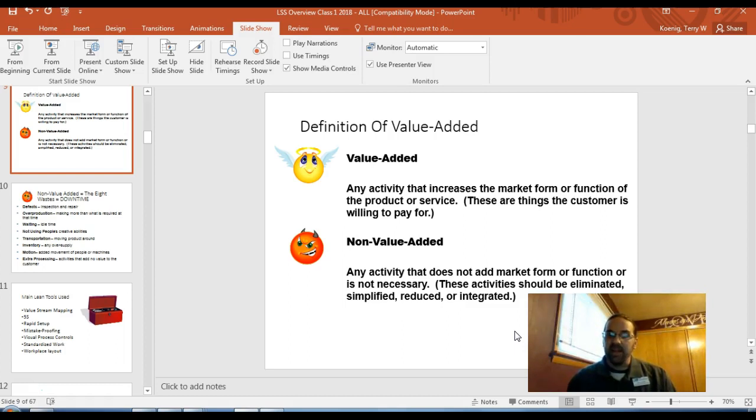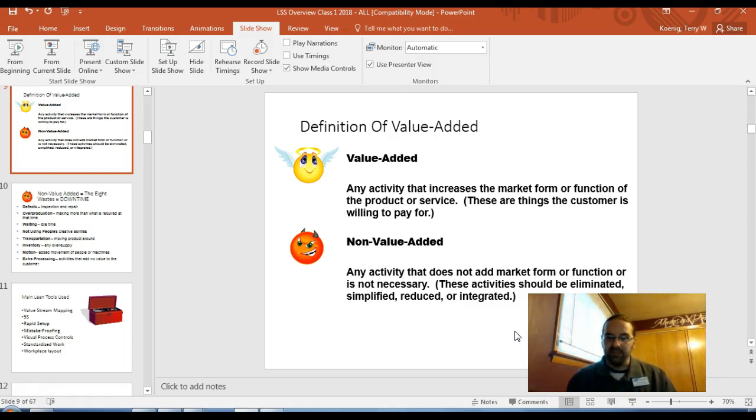Non-value add is any activity that does not add market form or function and is not necessary. These activities should be eliminated, simplified, reduced, or integrated. So that would be taking the wood or steel off the truck or the rack. That would be loading up the saw. That would be changing the blade. That would be measuring the holes.